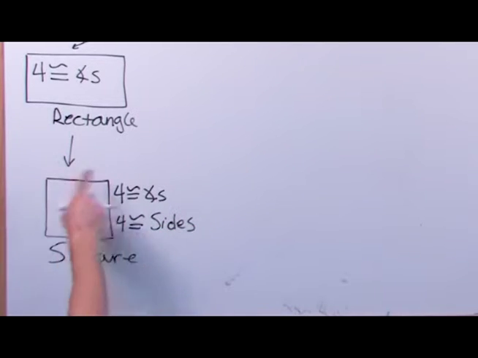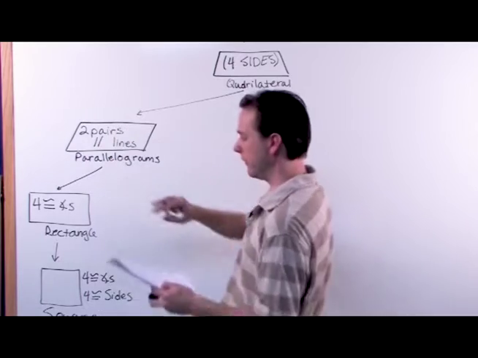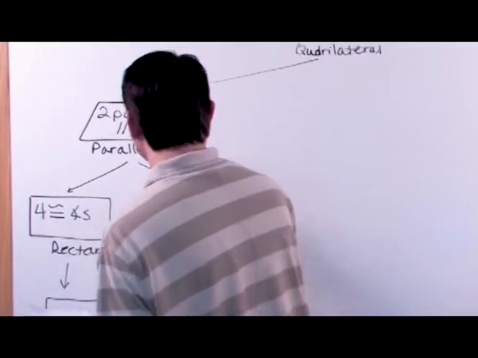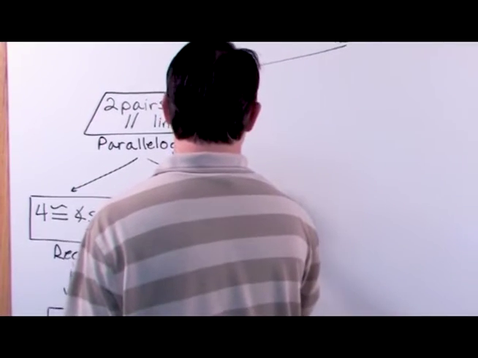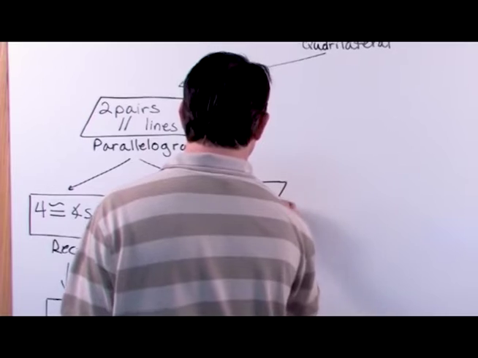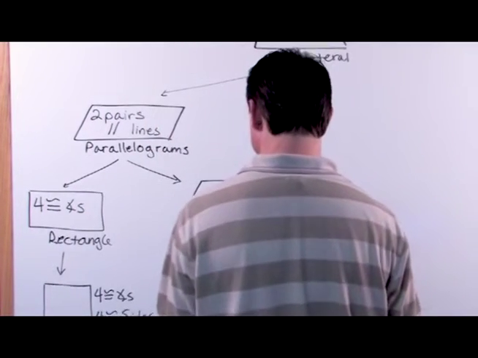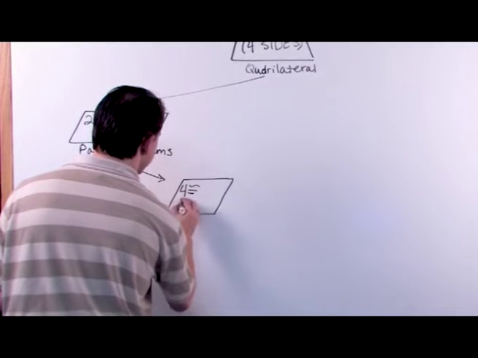Okay, so four equal sides and four congruent interior angles that go 90 degrees. So that's a square. Now backing up the truck here up to parallelograms. Splitting off here, you have another family called a rhombus. Okay, so here you have these guys here. This is a rhombus, and so you have four congruent sides.